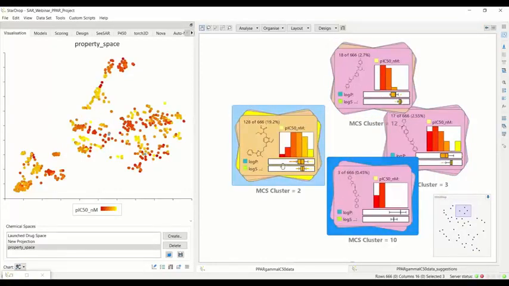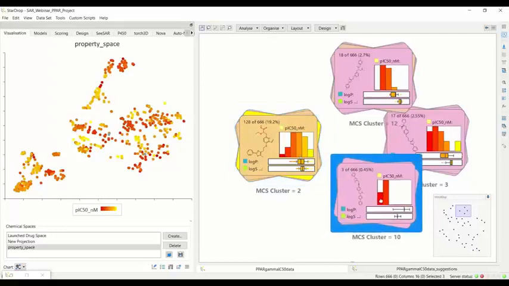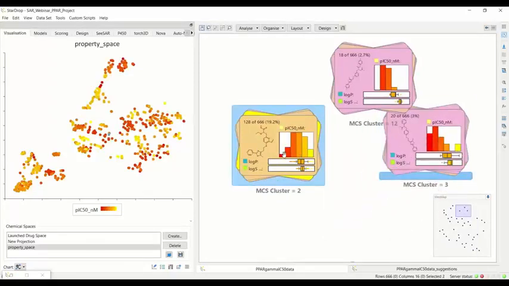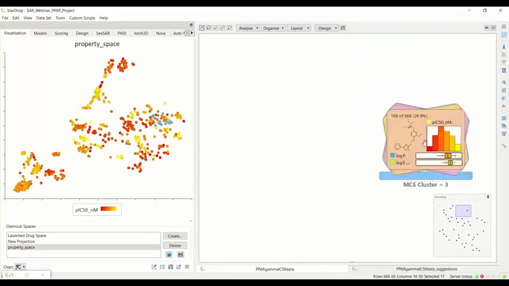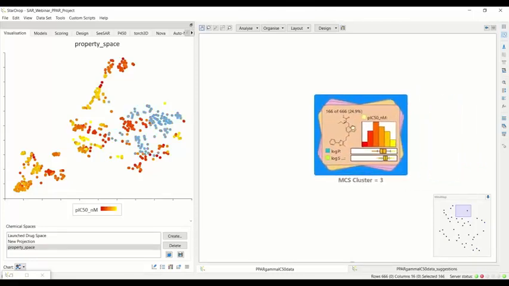And have a look at the distributions of other properties, or in this case, I've just got a representative structure from this stack. And as I said, I can just take these stacks, drop them on top of each other, and I can see how those properties change as I do that stacking. So if I'm looking at an overall set of distribution of properties for particular series that I can define, this is a nice way of doing it under the design menu.